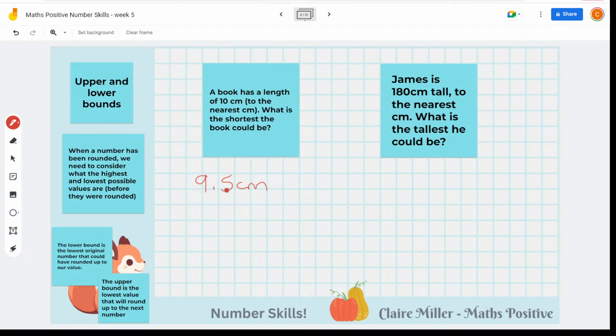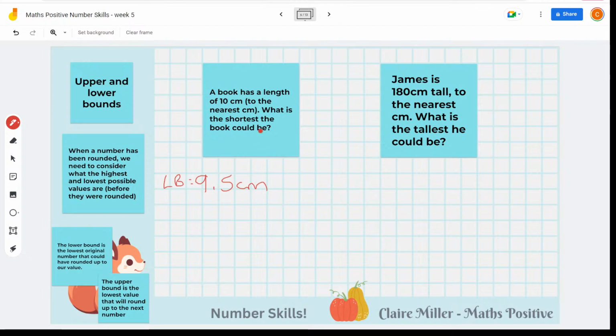So hopefully that makes a bit of sense, and this is called the lower bound for the length of the book. When you're thinking about the upper bound, the longest the book might have been, it's a little bit trickier in a way, because it could have been almost half a centimetre above 10 centimetres, so 10.5 centimetres, but not quite, because if it was 10.5 centimetres, it would have rounded up to 11 centimetres, wouldn't it?